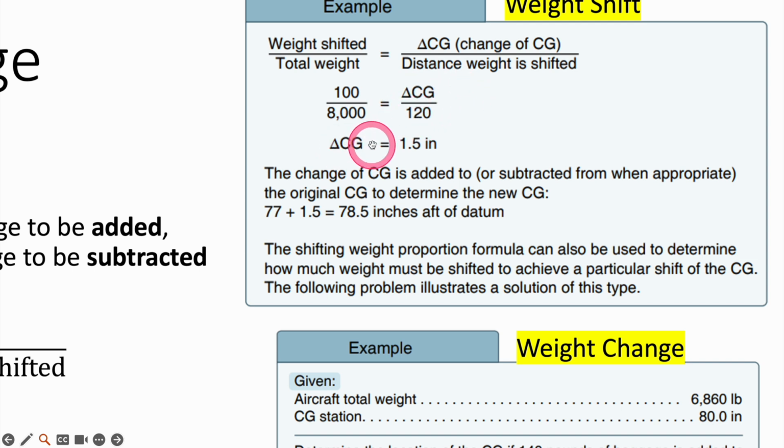That'll give you center of gravity equals 1.5 inches. So it's a positive number. So we're going to add that to this hypothetical starting point of 77. So the new center of gravity is 78.5 inches aft.